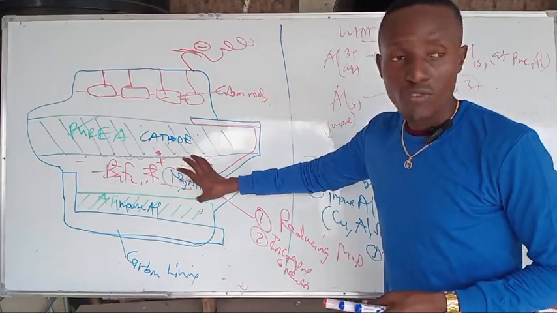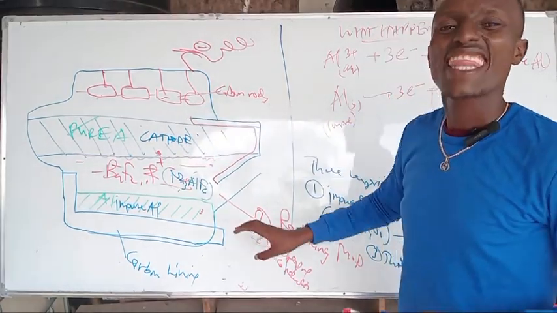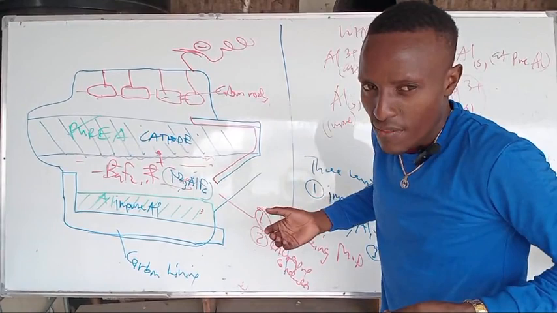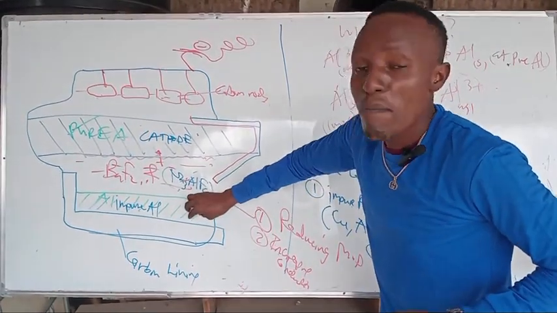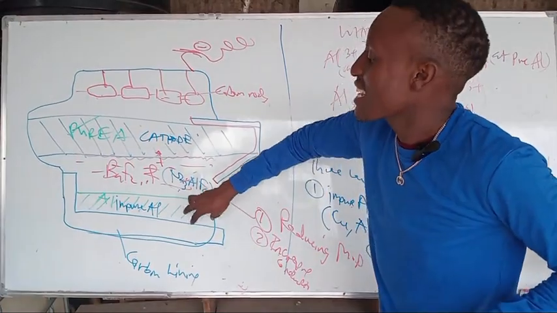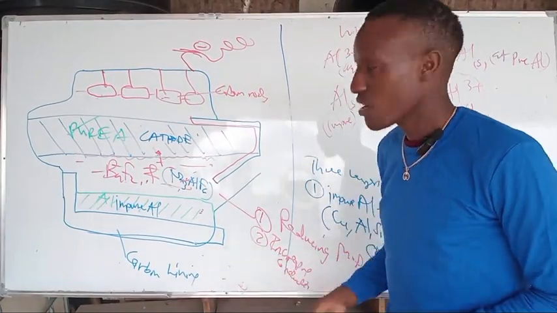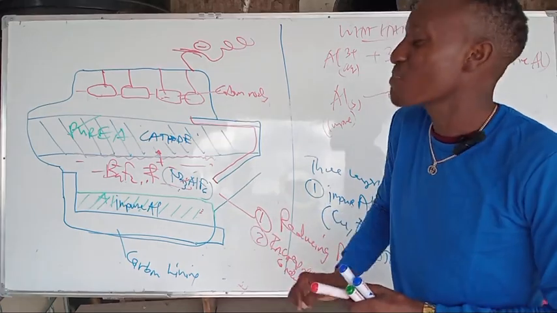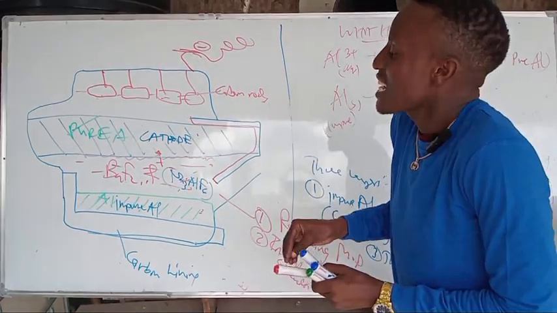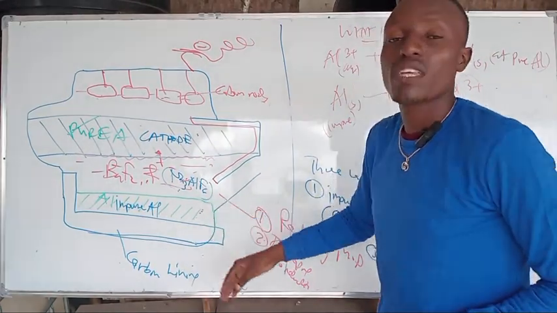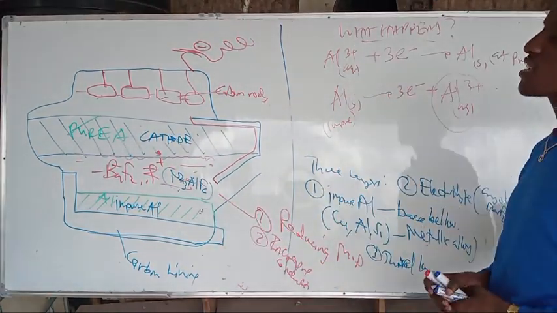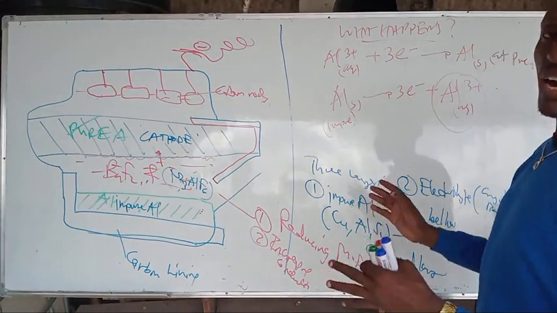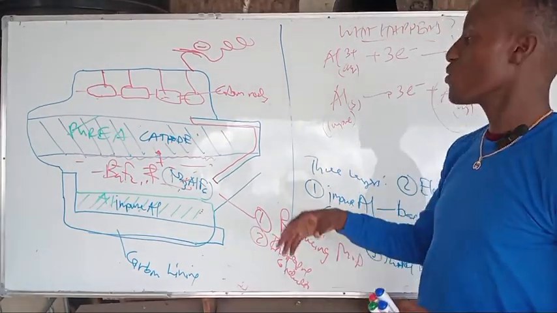Now, ions are attracted from the solution to the pure cathode, and since there is a deficiency of aluminium ions, the impure aluminium breaks down into ions, which then come to replace the ones that have left. So the same amount of aluminium ions attracted to the pure cathode is substituted by the ions coming from the impure zone. So there are three layers and 2 actions. The first is removing the ions from the electrolyte to the pure cathode, and the second is the replacement from the impure layer to that point.